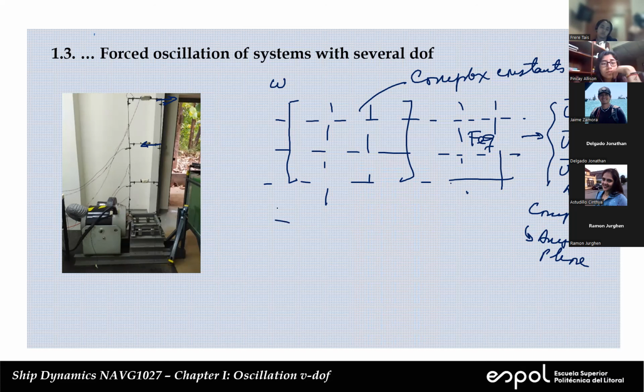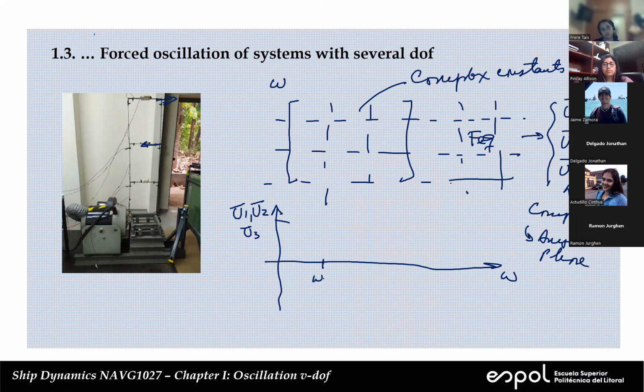And then what we want is a plot of omega, and here we could have either U1, U2, and U3. Here you have omega 1, omega 2, and omega 3.